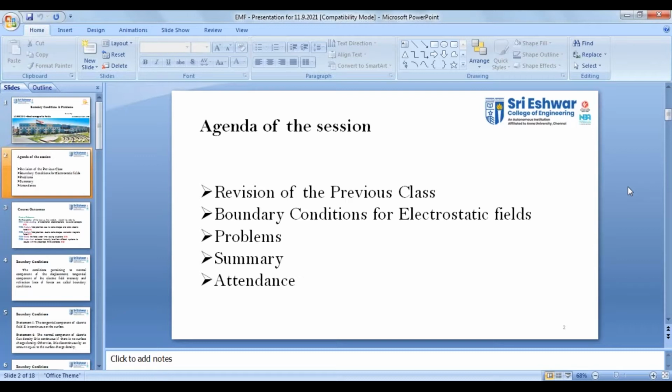Then one problem we saw, sir. Which problem? Potential at a point, sir, on an isolated sphere. Okay, Aishwarya. Thank you so much for the nice summarization.